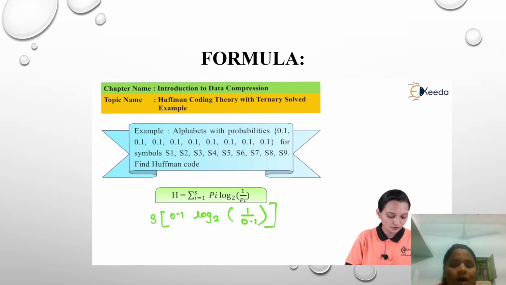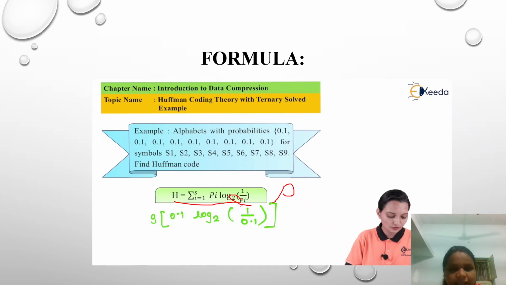The basic formula used in Huffman coding is H equals sigma, i equals 1 to n, p of i log base 2 of 1 by p of i, where p of i means the frequency of how many times it occurs, and it denotes the probability.